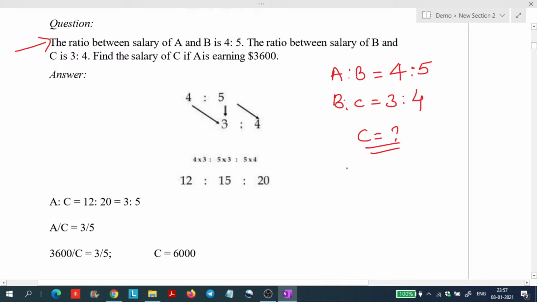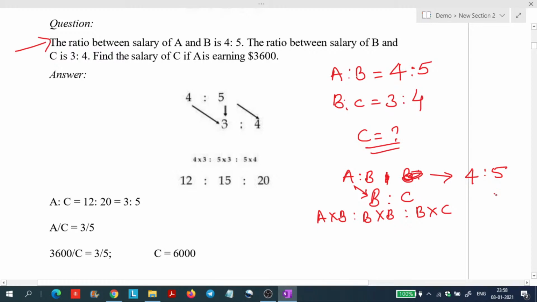So what is given: A is to B and B is to C. With respect to our formula, that is A into B, then B into B, then B into C. In our case, it is 4:5 for A is to B, and B is to C is 3:4.